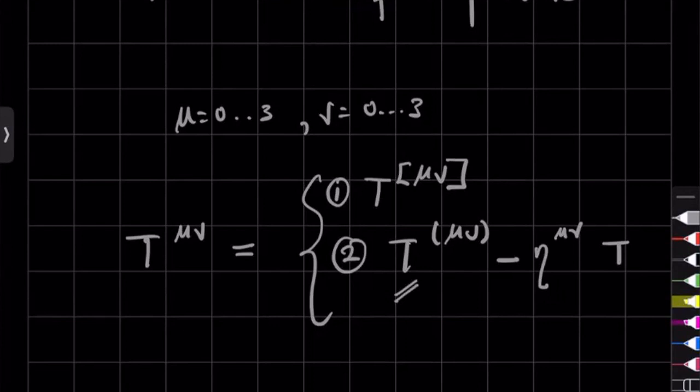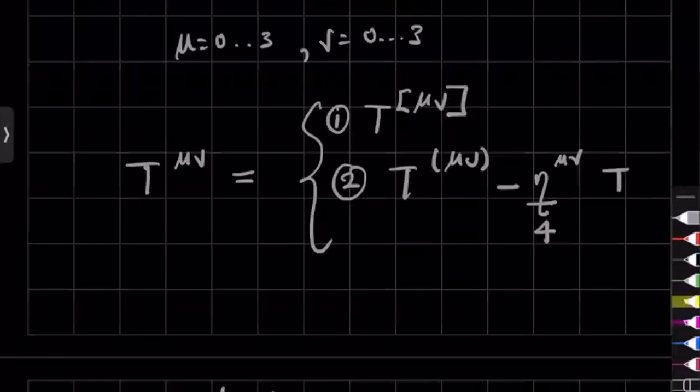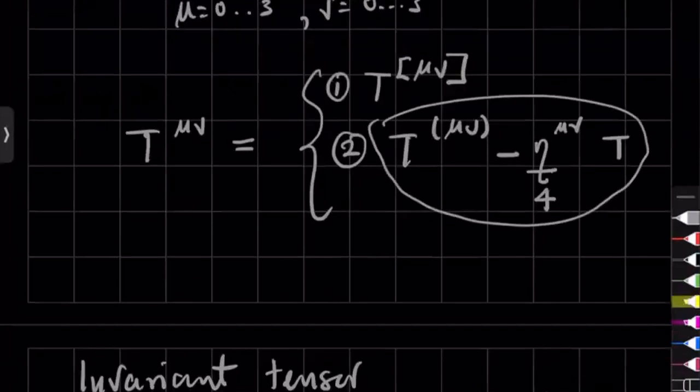So I should divide the whole thing by 4. And this whole object is then an irreducible representation.